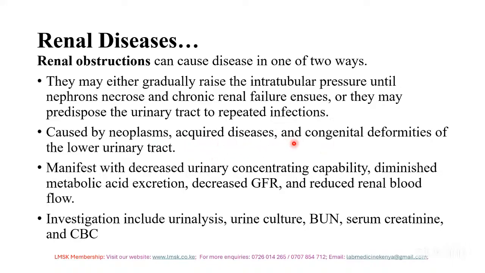There could be acquired diseases or congenital deformities of the lower urinary tract. When there are those physical abnormalities, then of course we can have obstruction. They manifest with decreased urinary concentration capability, diminished metabolic acid excretion, and then decreased GFR, or glomerular filtration rate, and reduced renal blood flow.